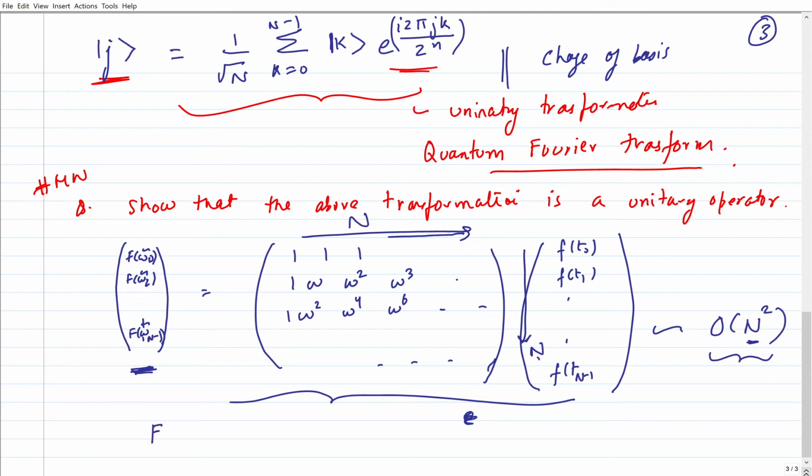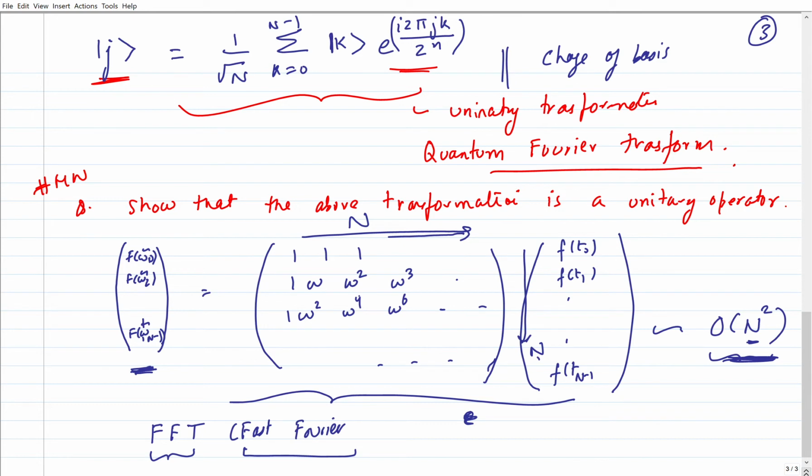Classically, the most efficient way to do this is the fast Fourier transform, which is also a beautiful algorithm classically, which if we have time, I'll put it for entertainment, but maybe you can explore how the classical fast Fourier transform algorithm works. It's just speeding up this matrix multiplication, taking into account these are complex numbers.